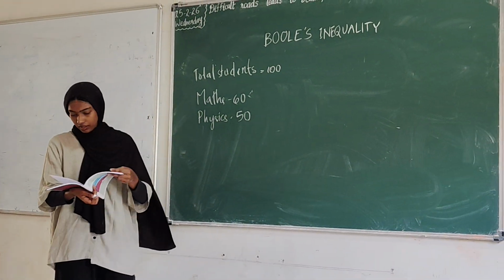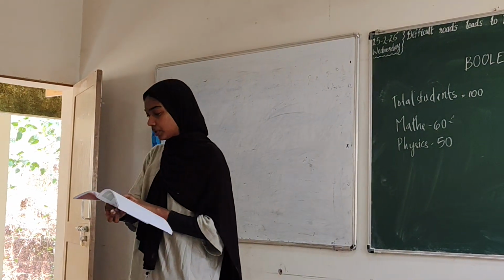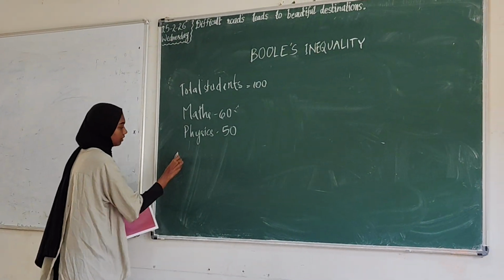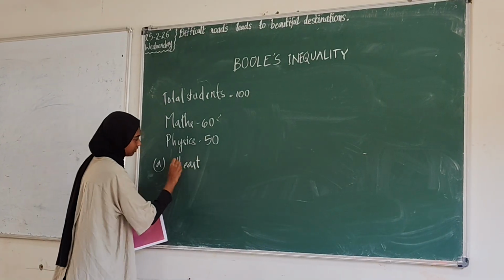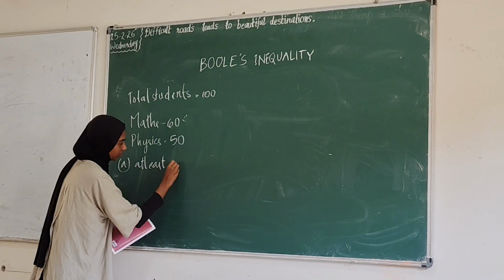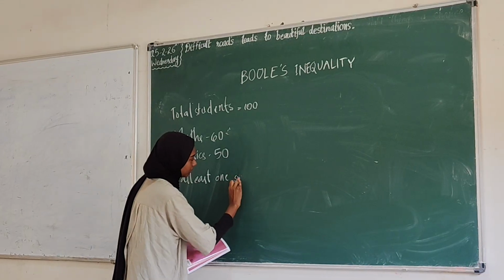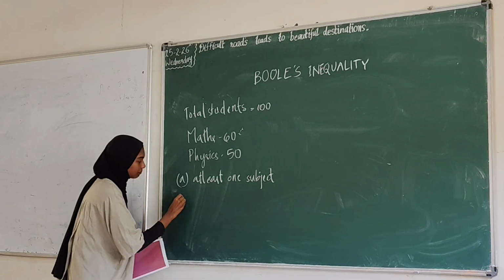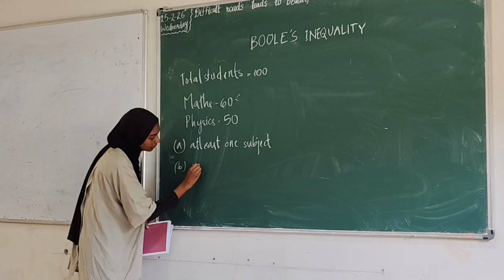The first sub-question is to find the maximum possible number of students who like at least one subject. And the next is the number of students who like both the subjects.